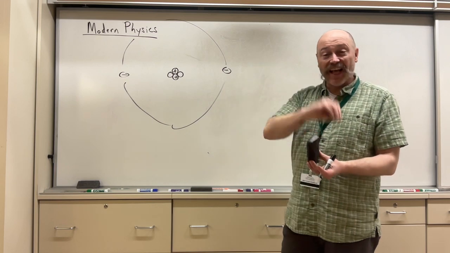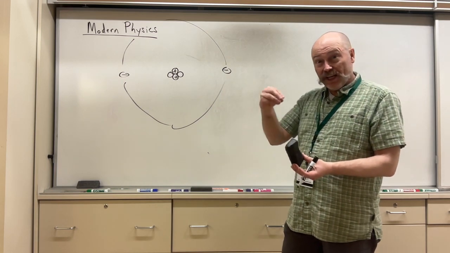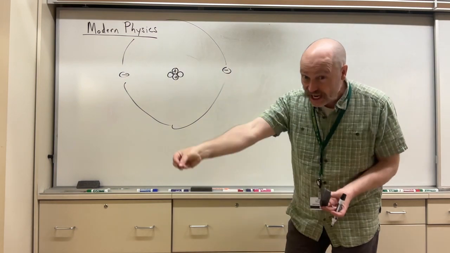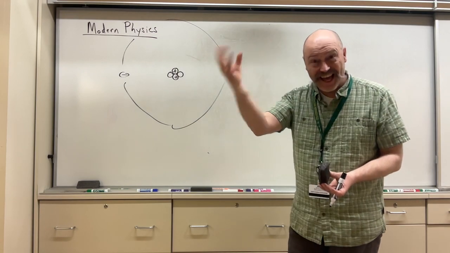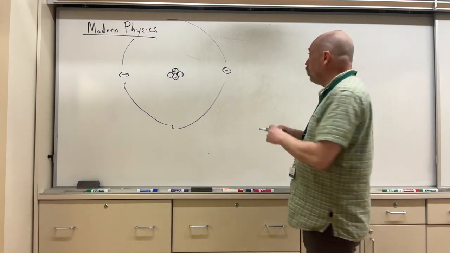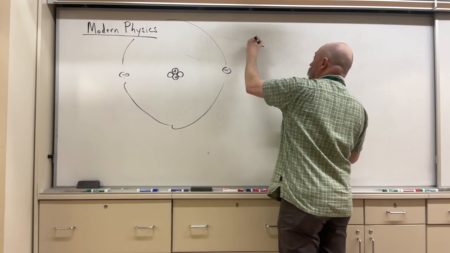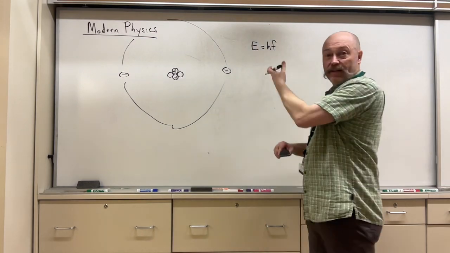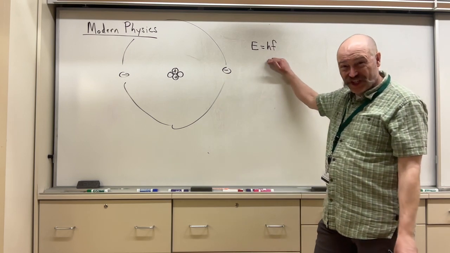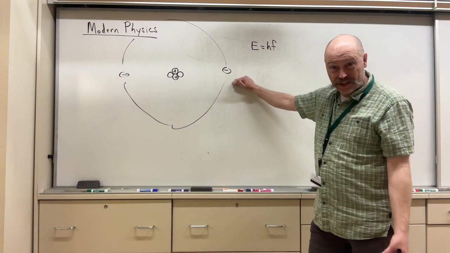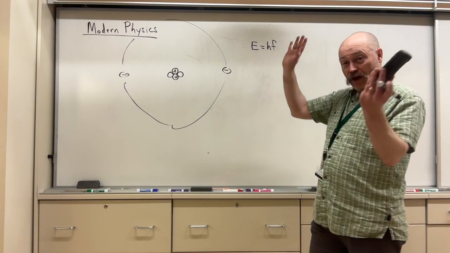Well, if you have accelerating electrons, they are going to give off electromagnetic radiation, which normal Joe Schmo calls light, which we know has energy based on that equation. If these electrons are giving off energy, they're going to lose energy because they're giving off photons.